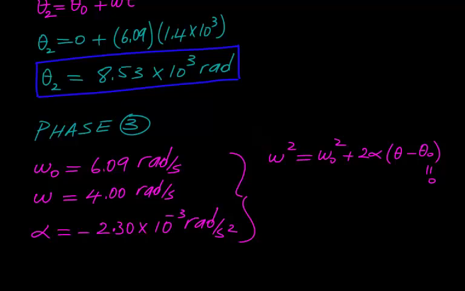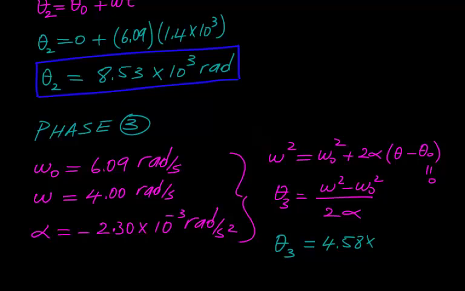Rearranging this equation, I'm going to call it theta 3 to be omega squared minus omega 0 squared divided by 2 alpha. Substituting for all these known quantities, I have been able to obtain theta 3 to equal 4.58 × 10^3 radians.